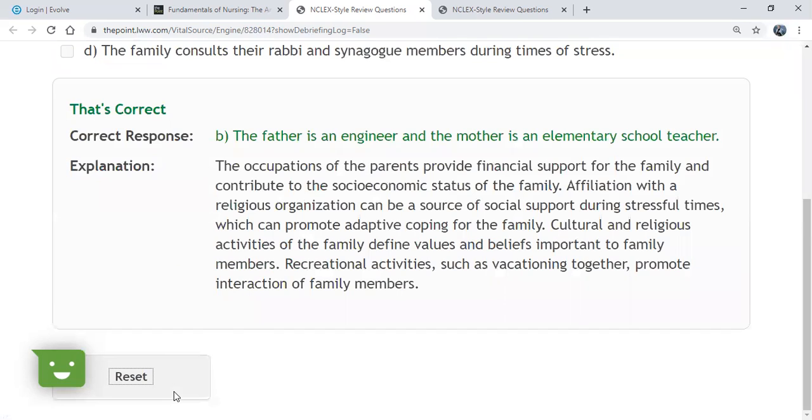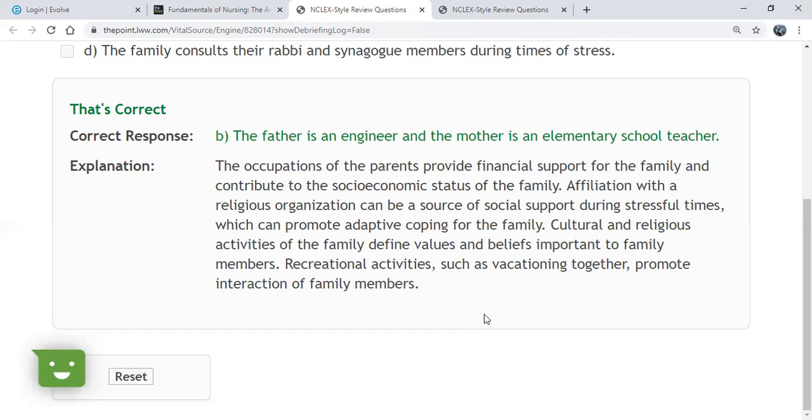Okay, occupations of the parents provide financial support for the family and contribute to the socioeconomic status. Affiliation with religious organization is a source of social support during stress, which can promote adaptive coping for the family. Cultural and religious activities of the family define values and beliefs important to the family members. Recreational activities such as vacationing together promote interaction of family members.